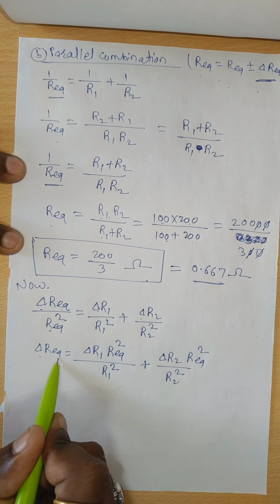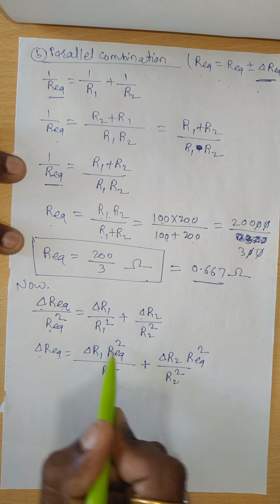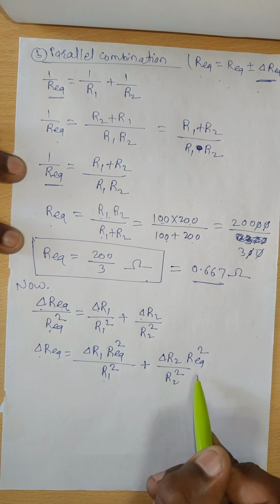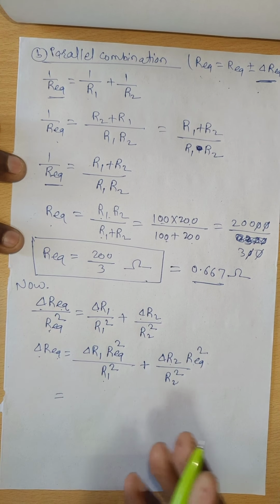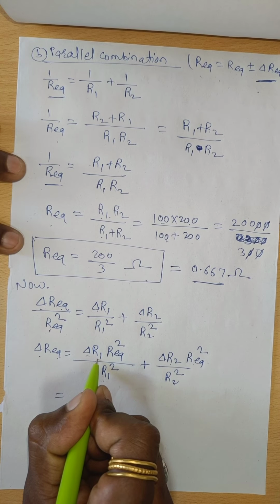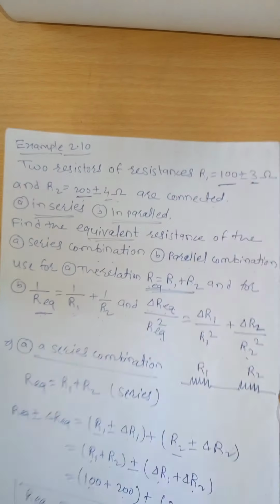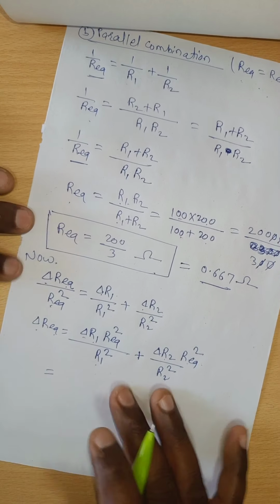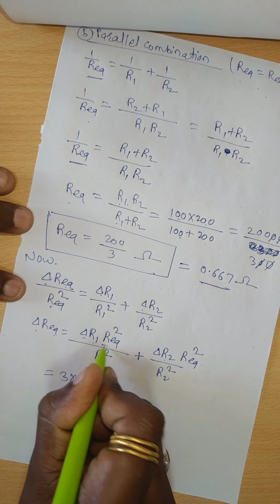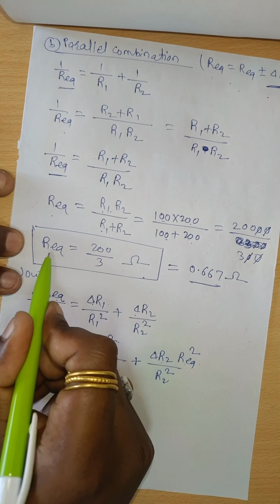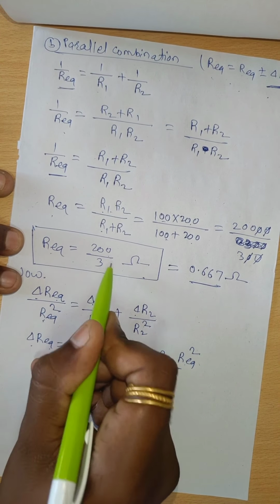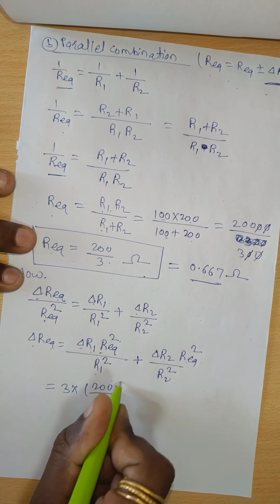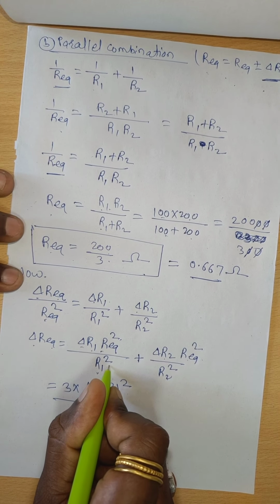Therefore delta R equivalent is equal to delta R1 into R equivalent square divided by R1 square plus delta R2 into R equivalent square divided by R2 square. What is the value of delta R1? Delta R1 is 3, so 3 into R equivalent square, where R equivalent is 200 by 3, whole square, divided by R1 square.